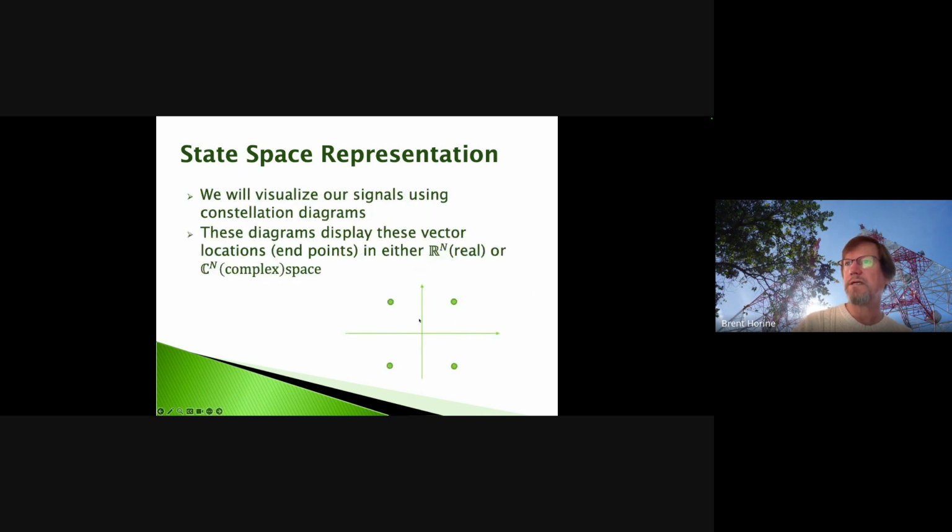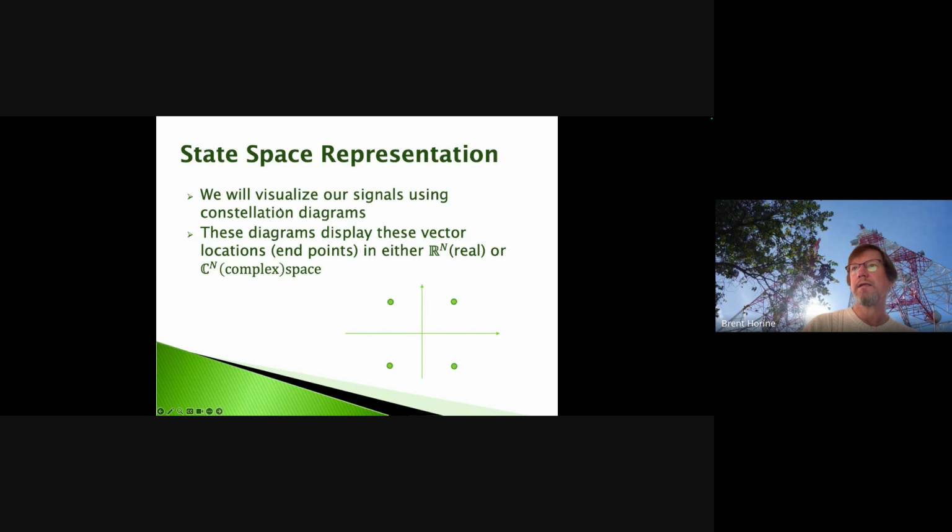Here, these don't have to be that complex. We can represent this very easily on the real or the complex plane. So sometimes we'll use the real axis if it's not two-dimensional, or we'll use this complex space.